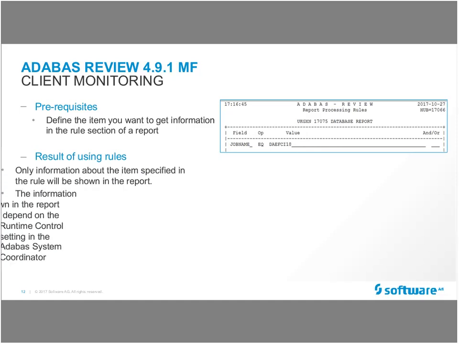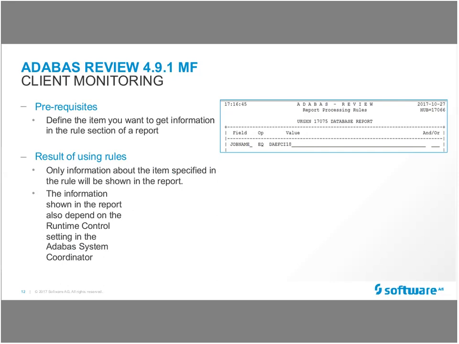The result is that only the information for this job will be reported, and the information shown in the report also depends on the runtime control, so that's what we saw. With this, you are able to get reports about a user, a job, or a transaction.